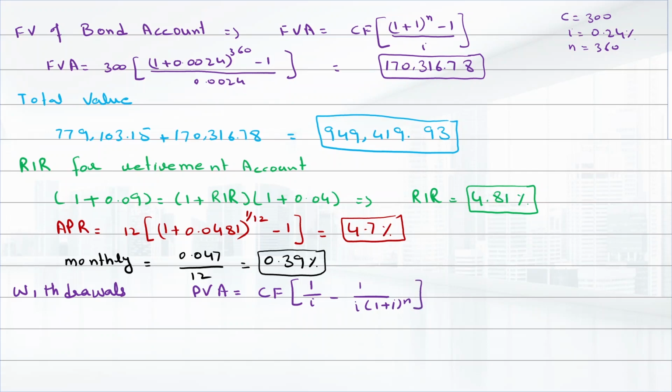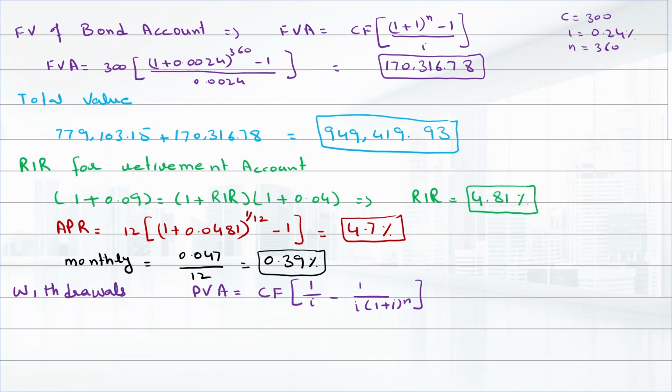By using this equation, we will find the cash flows that will be our monthly withdrawals in real terms. The present value of the annuity will be the total value in the investment account, that is 949,419.93. The interest rate will be 0.39% and n will be 300 months.